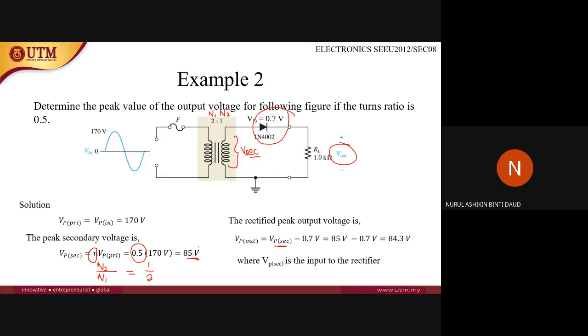You will get 84.3 volts. So this will be the value at the output, right? Up until here, I think there should still be no problem. If you have any problems, just let me know, just interrupt me, it's okay.